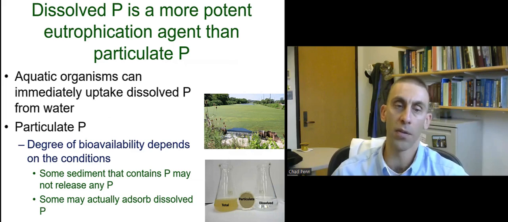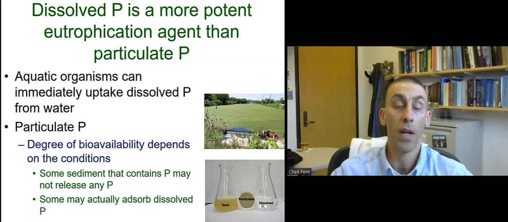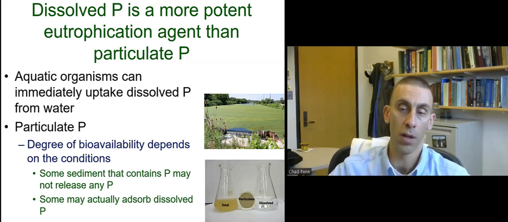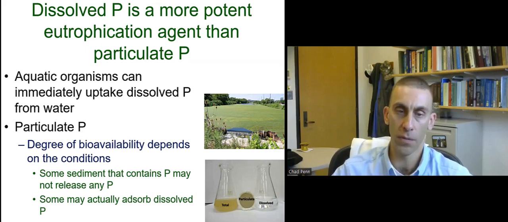It depends on the characteristics of the sediment, its mineralogy, pH, things like that. So some sediment that contains phosphorus may not release any P at all. It may release a portion of it, or it could release all of it, but it really depends. Some sediment can actually absorb dissolved phosphorus from the water column. So its bioavailability is generally much less than dissolved phosphorus.